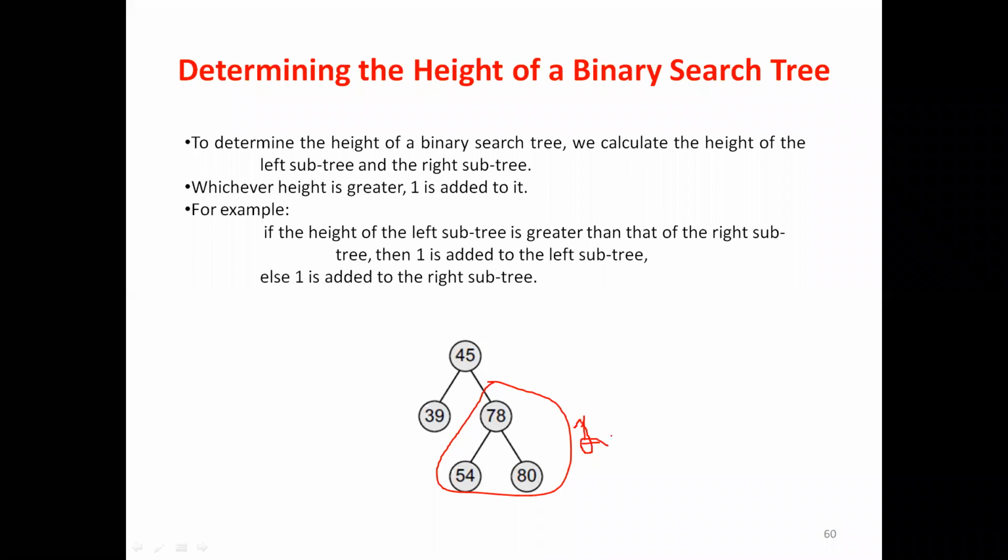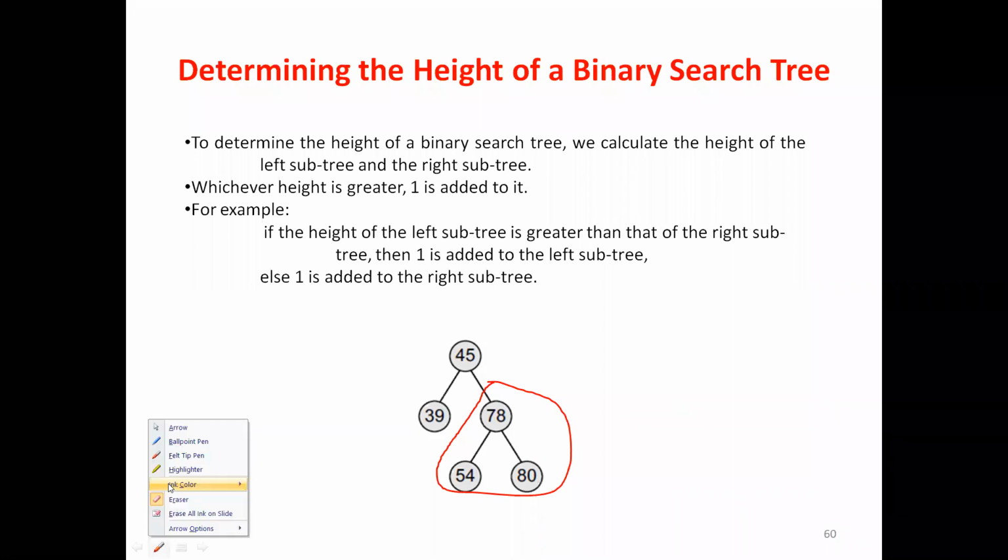Keep in mind, let me erase this one. Now I can say that the height of this right subtree is 2. But when I calculate the entire tree height, I should include the root node, so plus 1 is added.